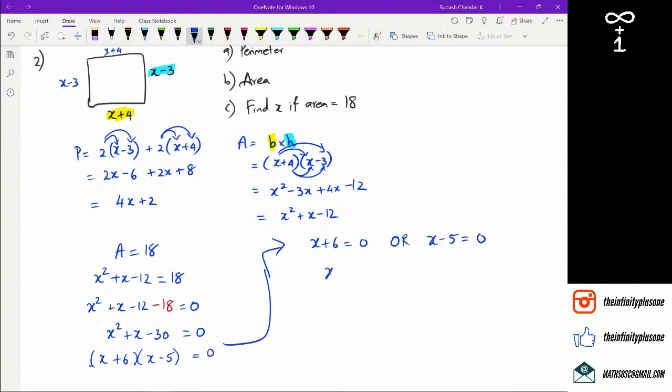So in our first case, we've got x equals negative 6. And in our second case, x is equal to positive 5. So at this point, we need to mention what x is. So we have to say that x is equal to 5, as x can't be a negative number.